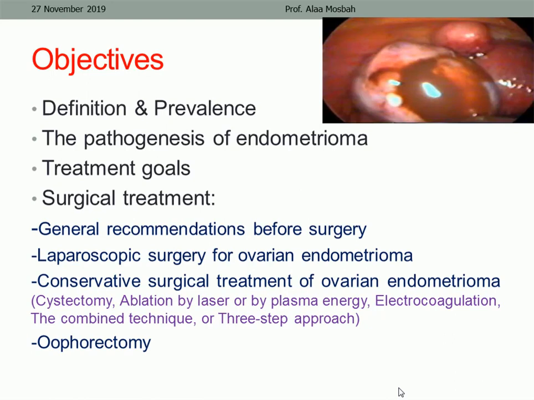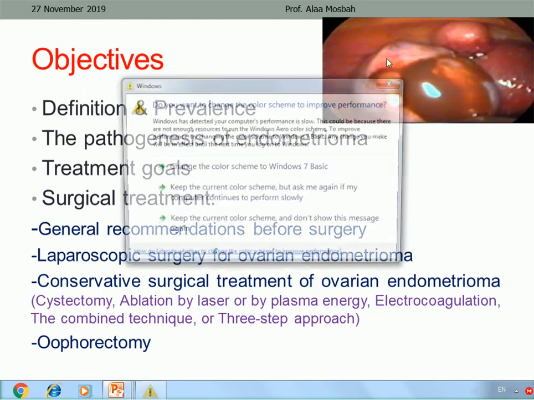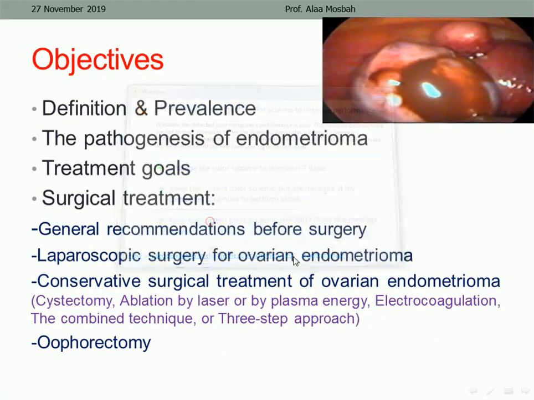So, as you see in this picture, this is the ovarian cyst called chocolate cyst or endometrioma. It's one of the patterns of endometriosis, three patterns commonly seen: the peritoneal endometriosis, ovarian endometrioma, or deep infiltrating endometriosis lesions.